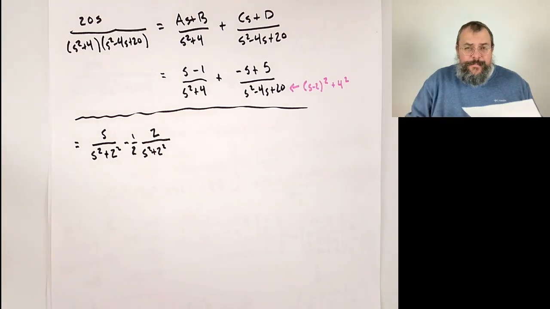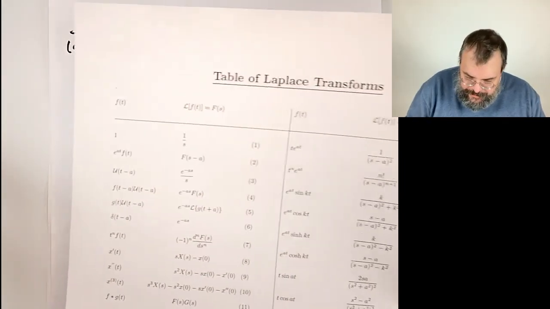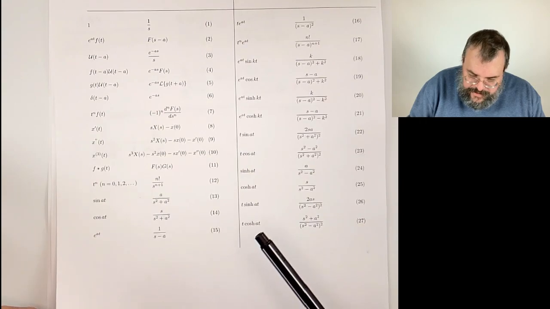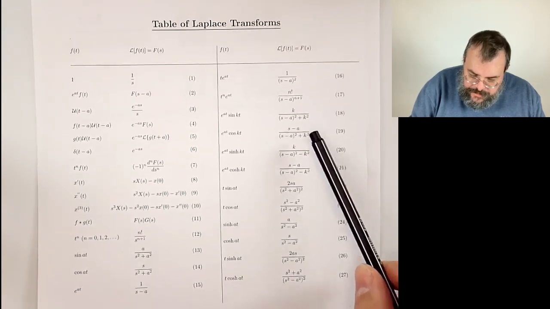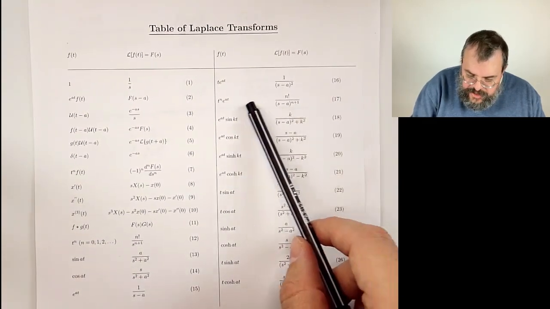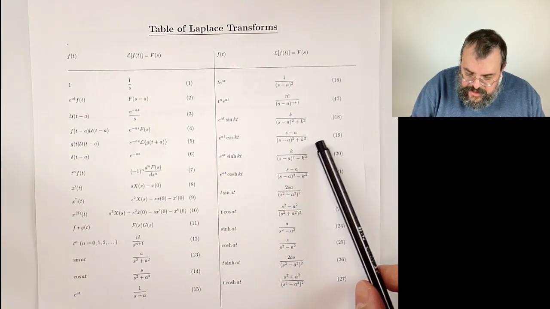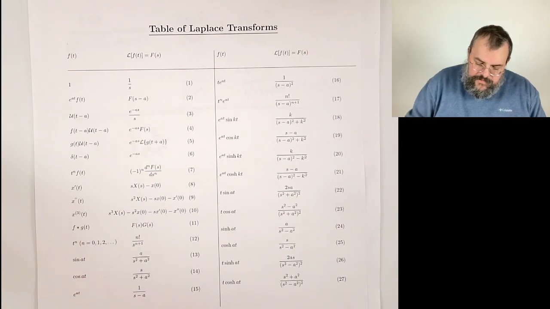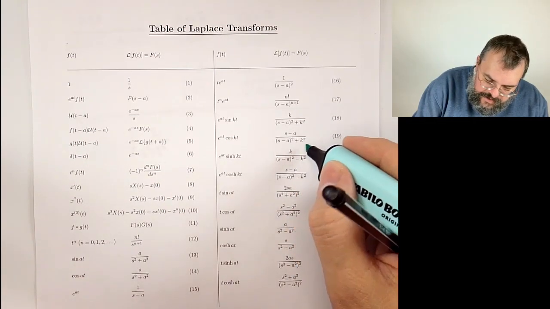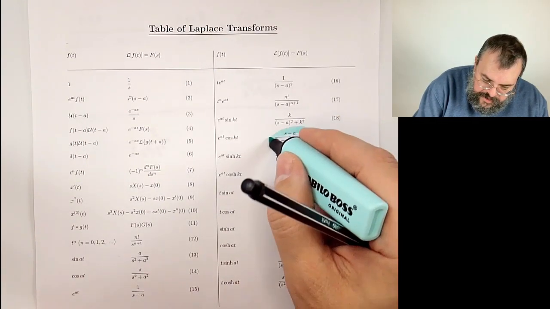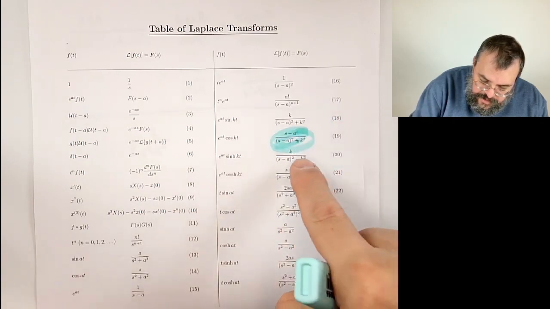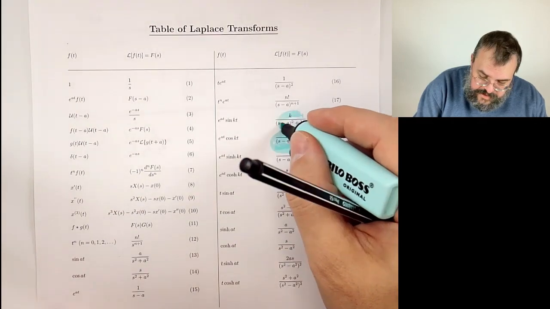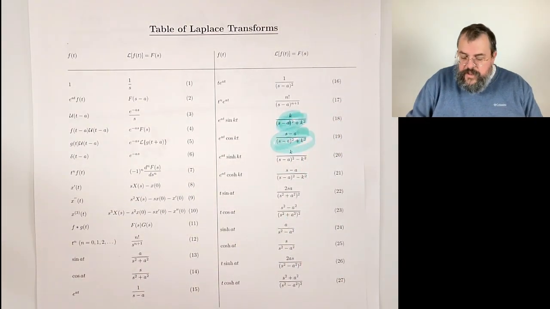The next part is not magic, and I don't want it to appear like that, but you'll notice actually we do have it right here, e to the at sine kt and e to the at cosine kt. You notice how we have, when there's an s minus a plus k squared, the top involves an s minus a, and then this part involves a k.